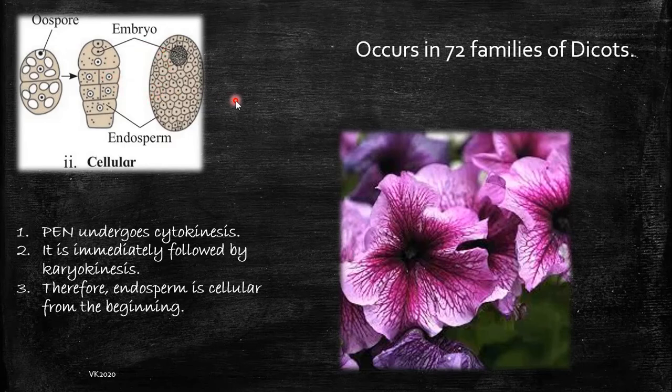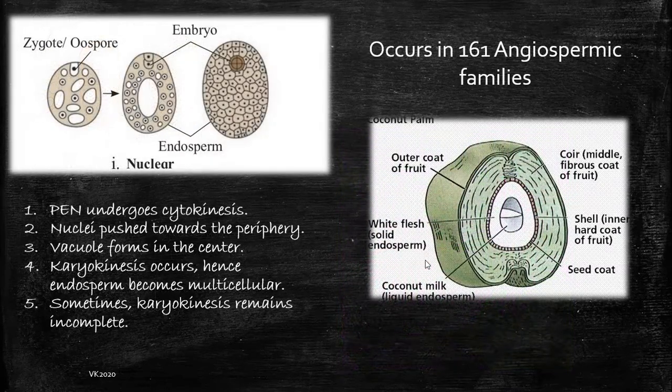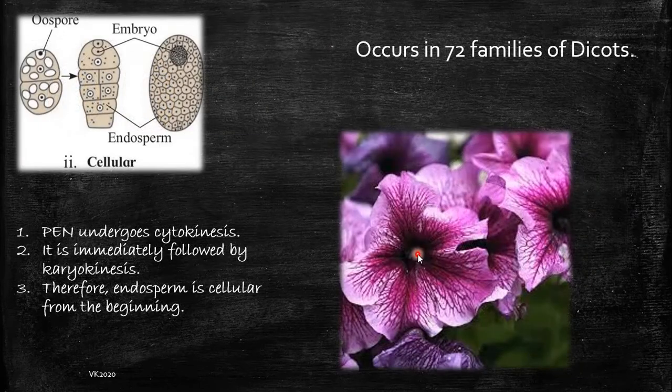It is observed in 72 families of dicots, and these are petunias. In this, it is not as conspicuously visible, because since coconut has a huge fruit, we could observe it, but petunias don't have huge fruits, so it is tough to observe.